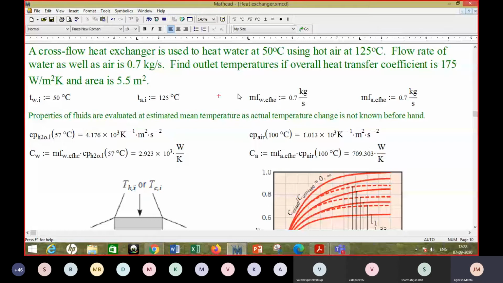Like if somebody gives you that this is the heat exchanger that you have to use, then for some action, you may want to know what would be the outlet temperatures, or you want to check whether this heat exchanger that is given to you is good enough for you or not, or you might have a choice between multiple heat exchangers.